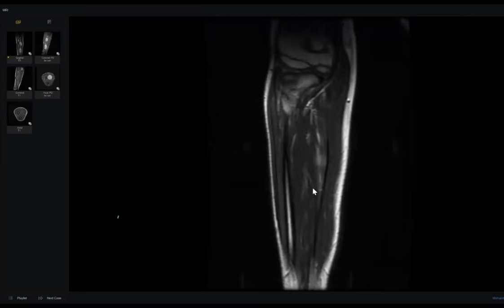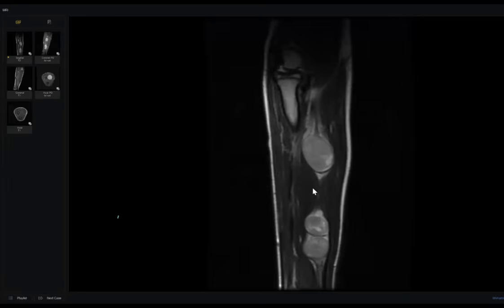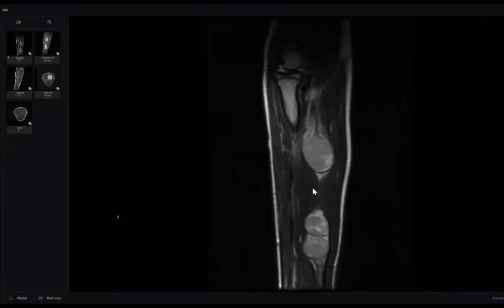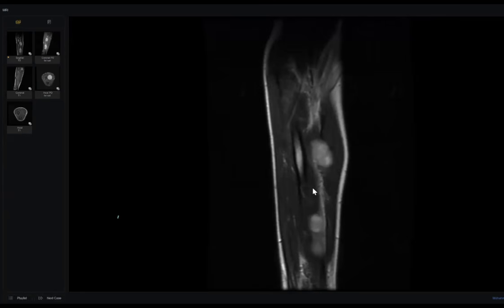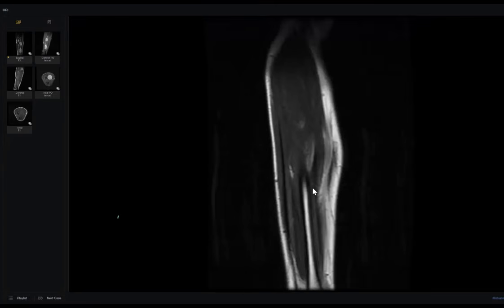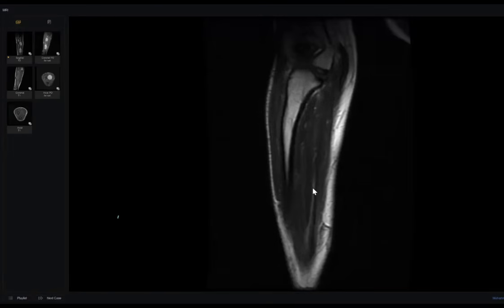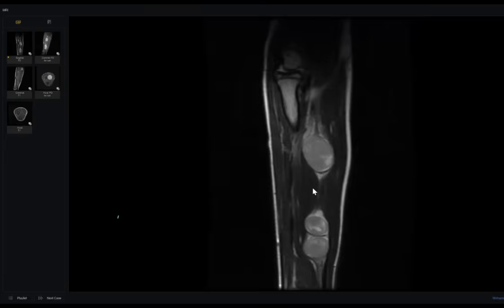Sir, I am presented with an MRI of the forearm. These are, I think, T2 weighted images, in which I can appreciate multiple well-defined, rounded, abnormal signal intensity lesions within the flexor compartment of the forearm, in between the muscle planes.